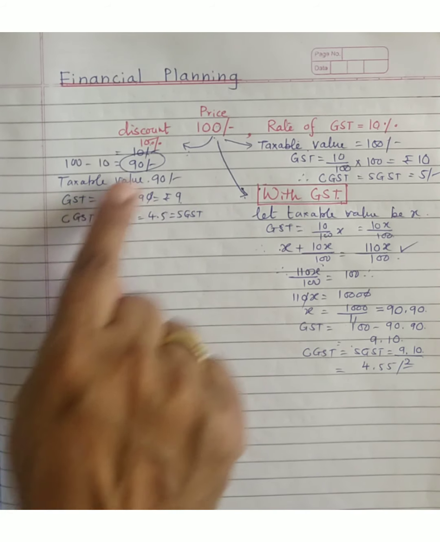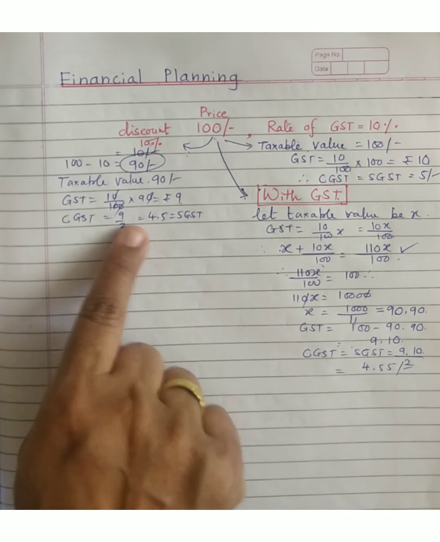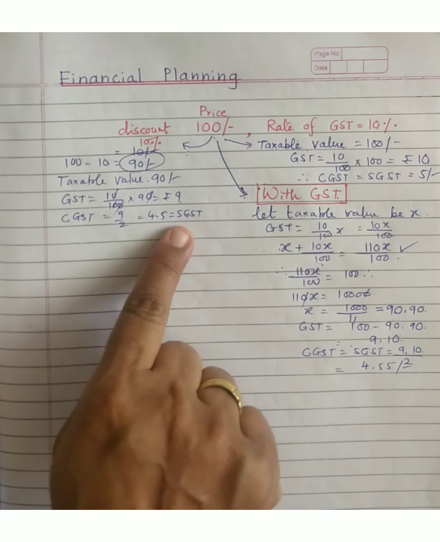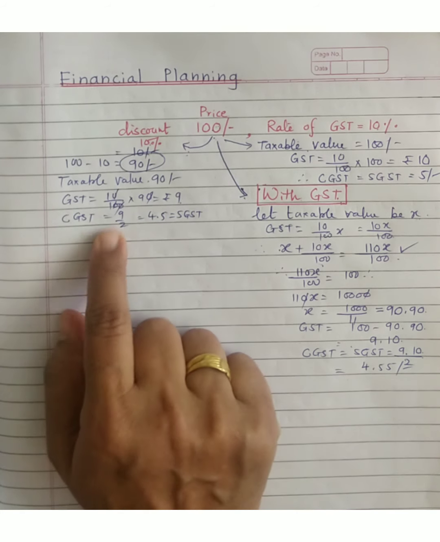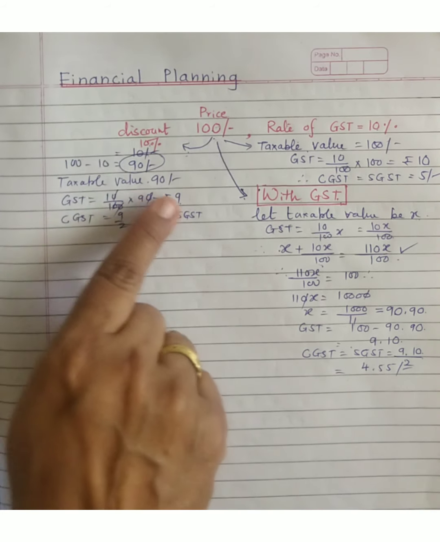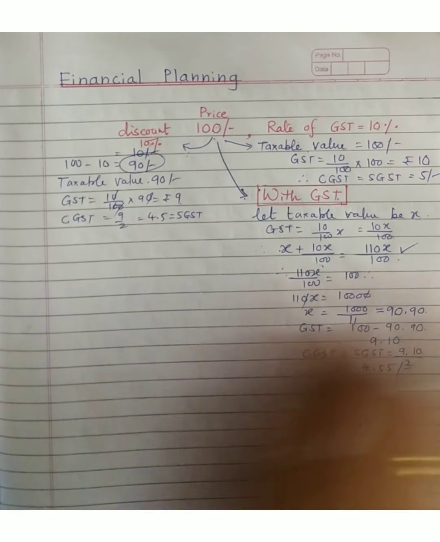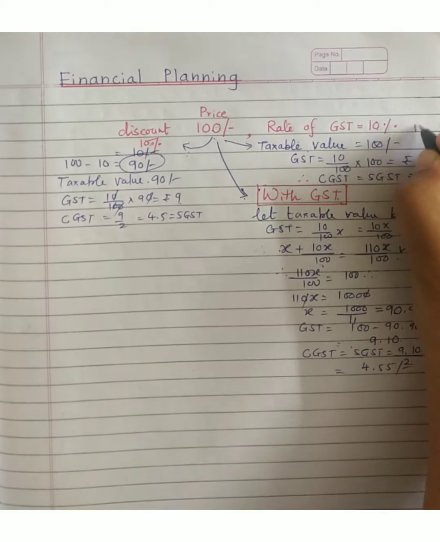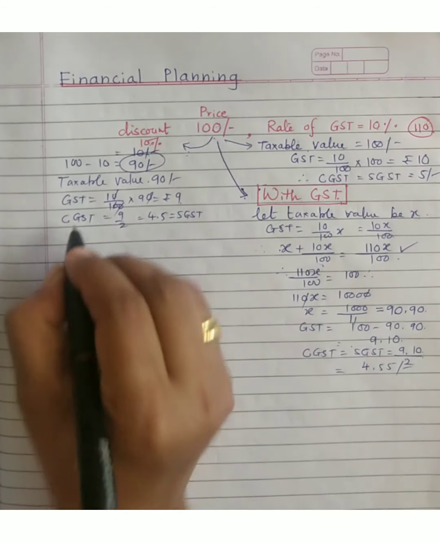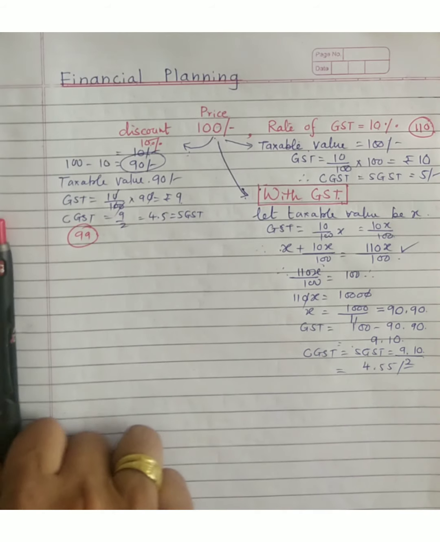Then on that discounted value, calculate GST, make it half, get CGST, SGST. If what price that article is available to the customer is asked, it will be 90 plus GST, 99. Okay, in this first case it is 110. This will be 99, the amount paid by the last person.